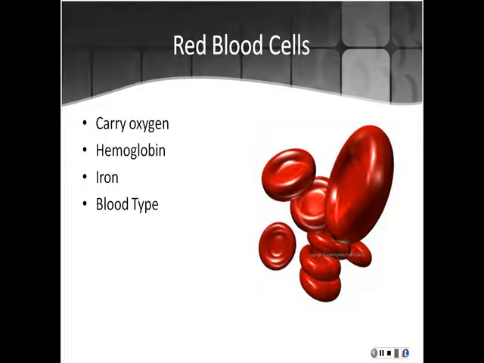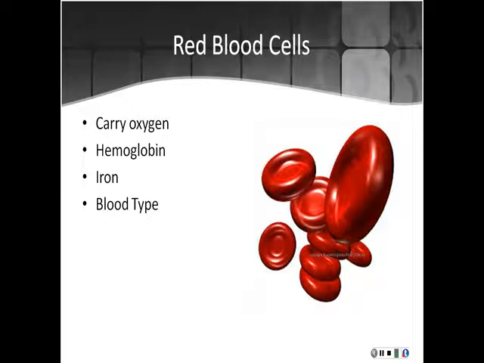So red blood cells carry oxygen that is bonded to iron and hemoglobin. The amount of hemoglobin in the red blood cell, or the amount of iron in the hemoglobin, or the number of red blood cells altogether can all play a factor in how much oxygen the blood can carry. If any of these are lacking in any way, it can cause anemia, which could result in symptoms like shortness of breath, wheezing, fatigue, that kind of thing.